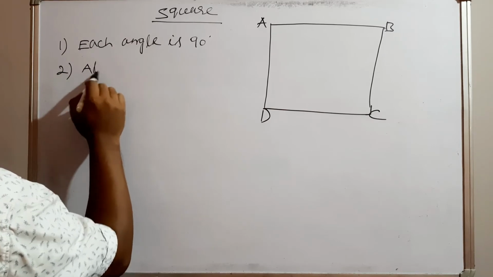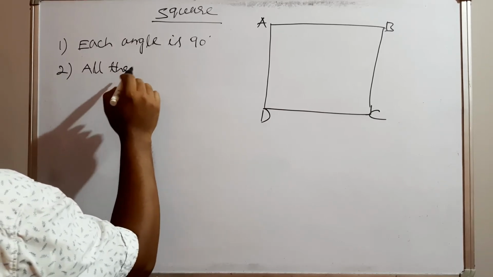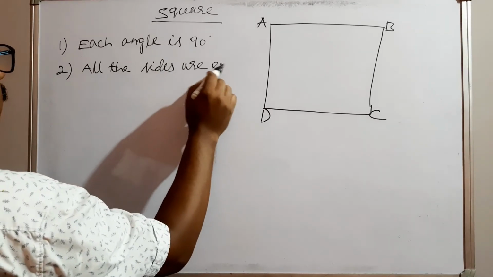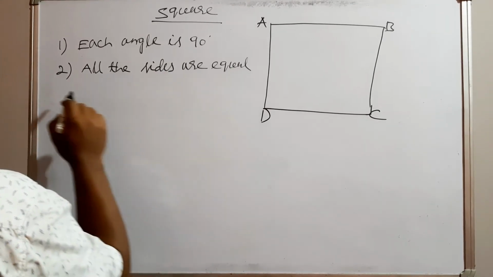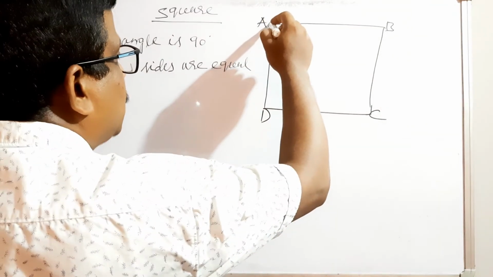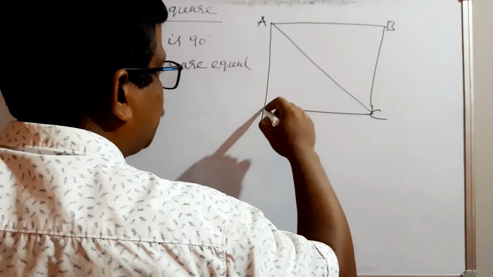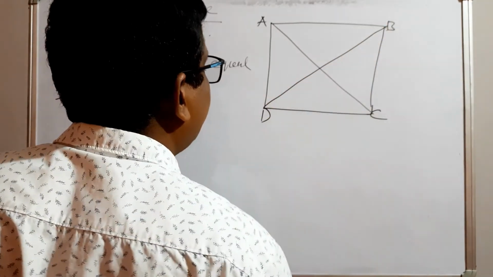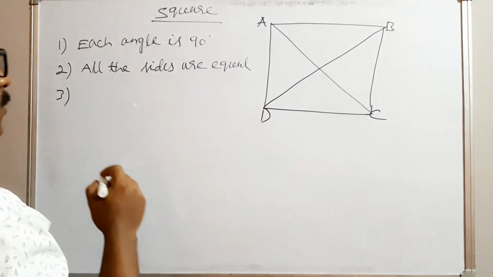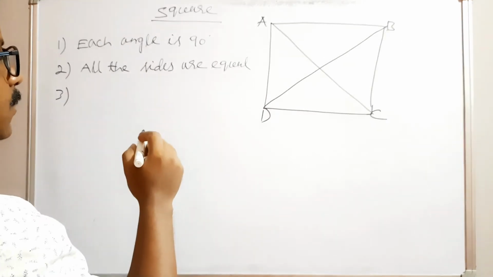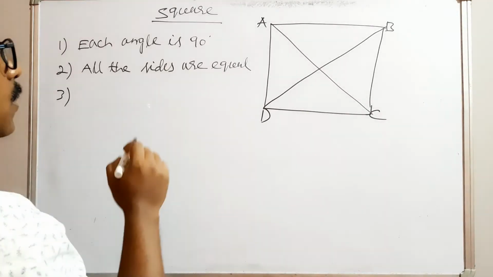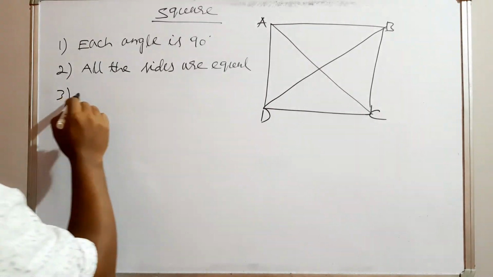Second property, all the sides are equal. Third property, the diagonals: in a rectangle diagonals are equal, here also diagonals are equal and bisect each other at 90 degrees.